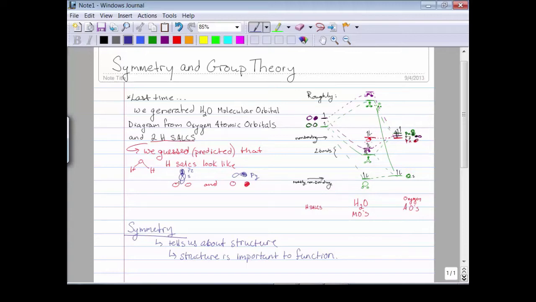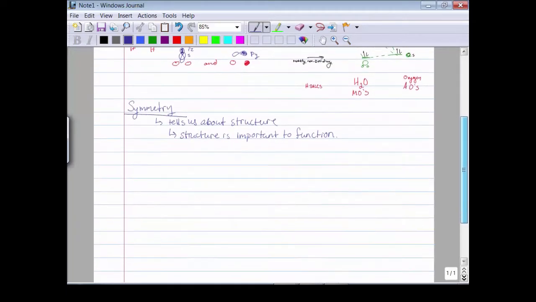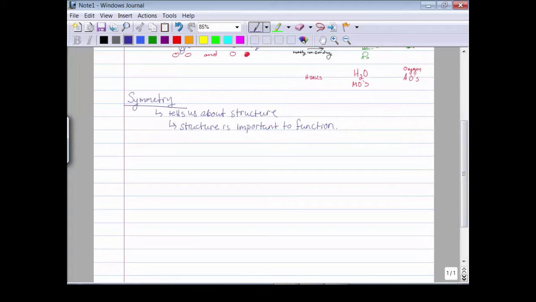The SALCs looked like these two red dots here and these two red dots here. We said this one matched the pz orbital and the s orbital on oxygen, and this one over here matched the py orbital on oxygen. So we looked at the atomic orbitals on oxygen and guessed what the SALCs might look like, but we can do it better, with more confidence, using group theory and symmetry.